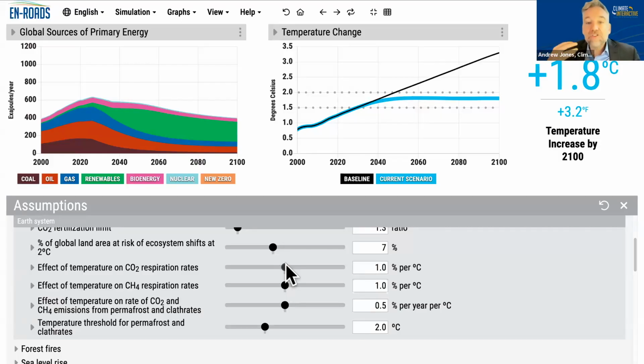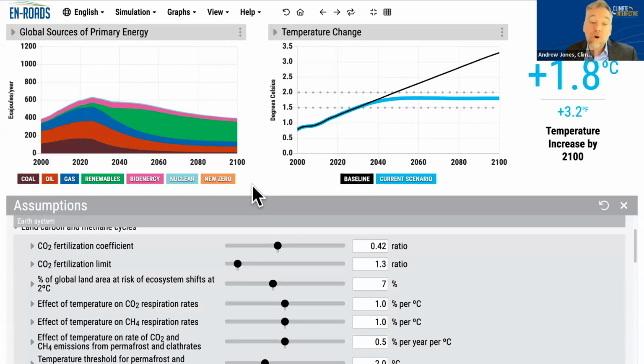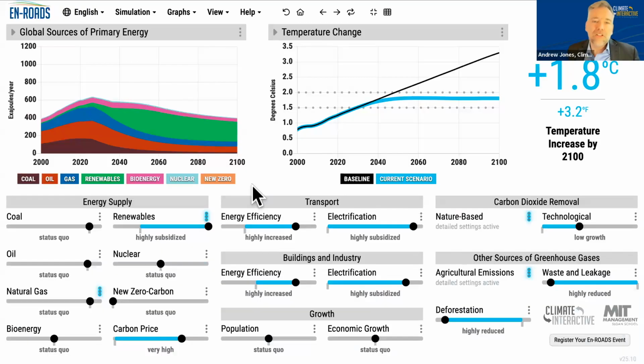We're seeing that assumptions in that area won't radically change these results. But this is an area that should be explored more and will matter post 2100 the most. Some of the tipping points or these positive feedbacks in the system really kick in after 2100. So these are things that you could explore, and more serious scientists dig in more to those areas. Other questions about the model or about implications?